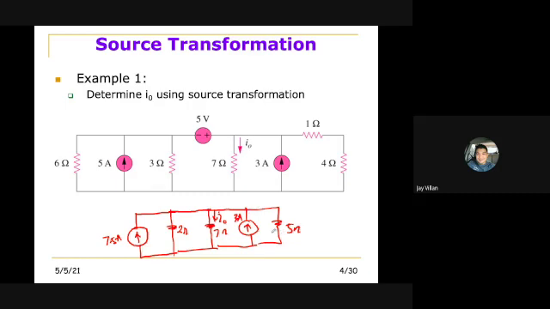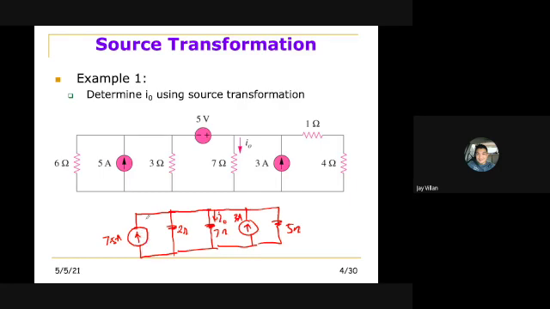So if we inspect the resulting circuit, all of these branches are now connected in parallel. Okay? So if they're connected in parallel, especially the sources, then we can now combine these sources together. Take note of the direction of the current.